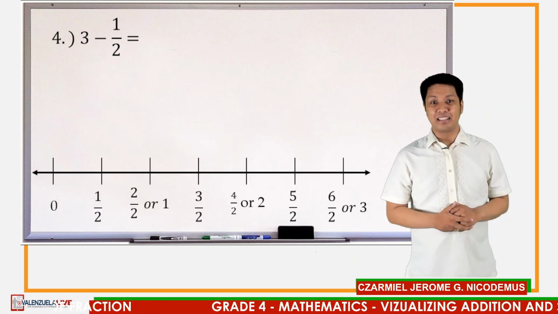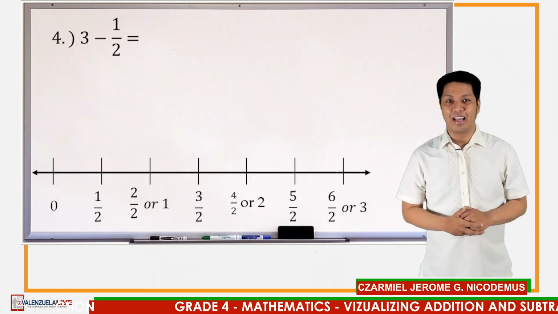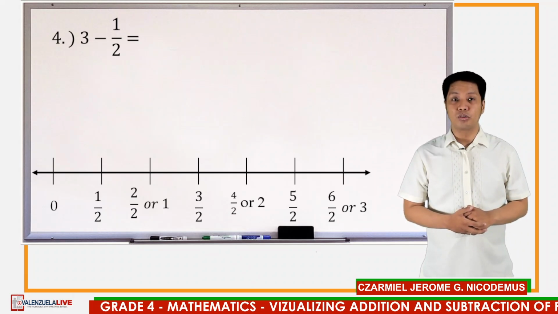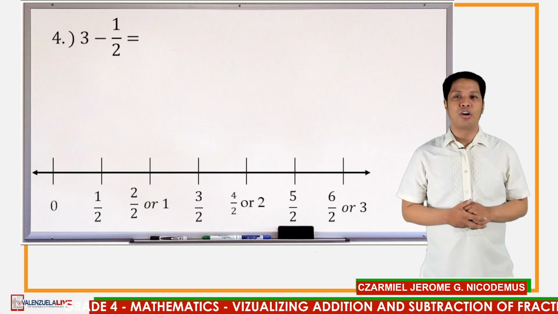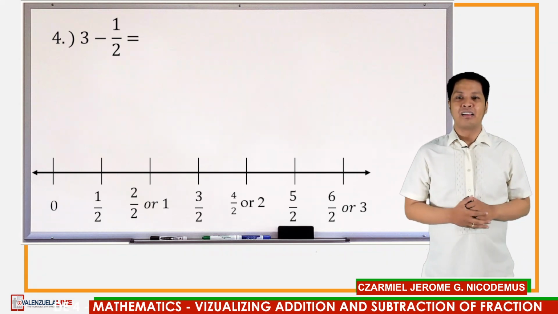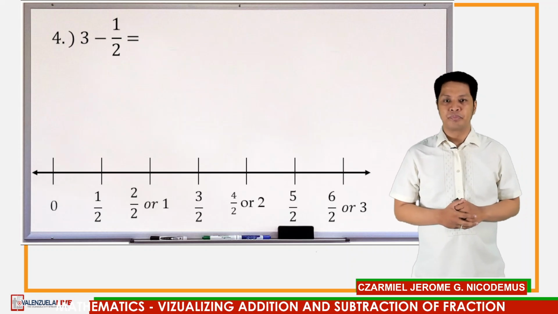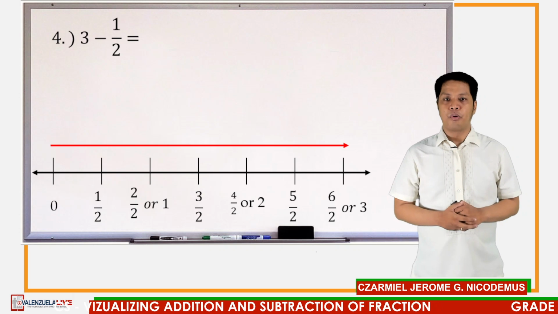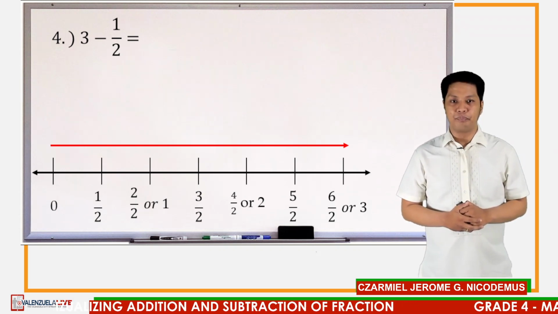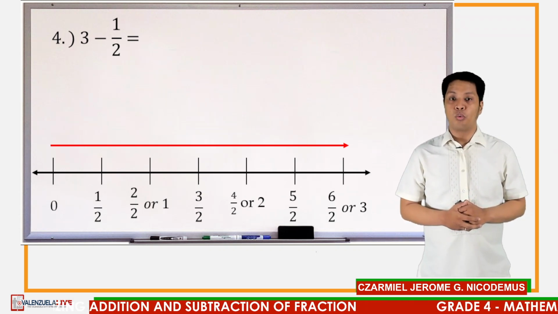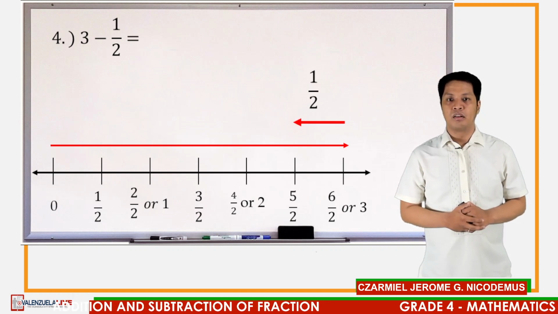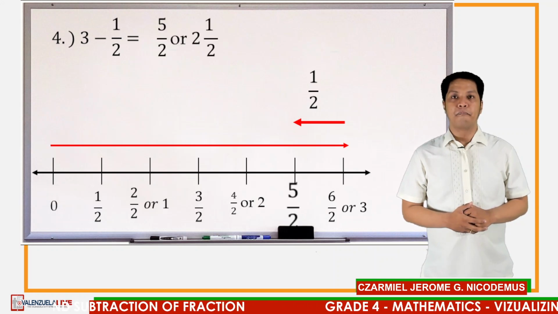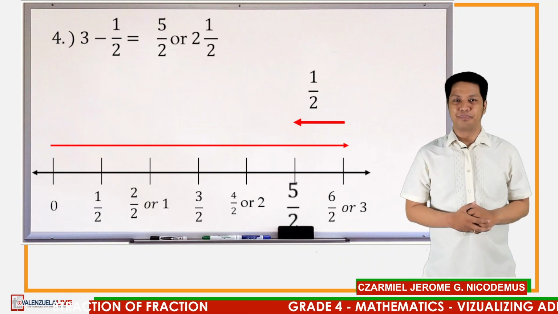Let us identify 3 in the number line by drawing a line from 0 to 6 halves. 6 halves is also equal to 3 whole numbers. Then, draw a line from 6 halves going to the left to show 1 half. So the answer is 5 halves or 2 and 1 half.